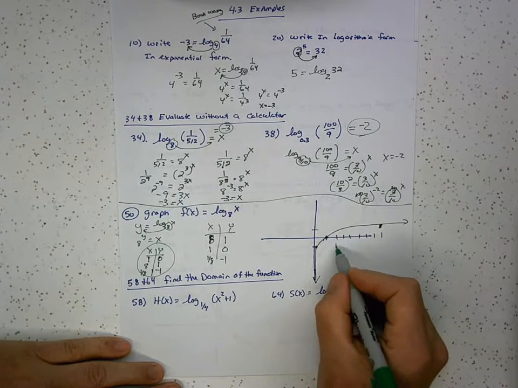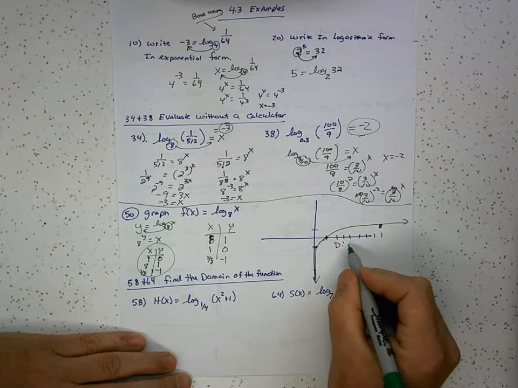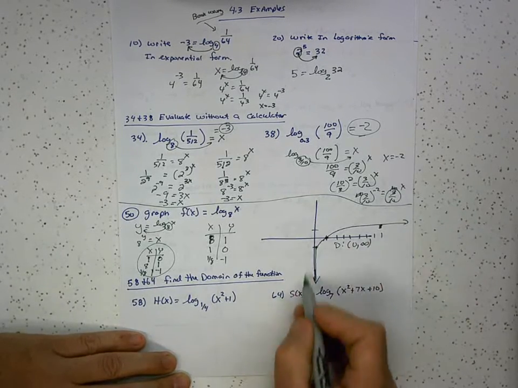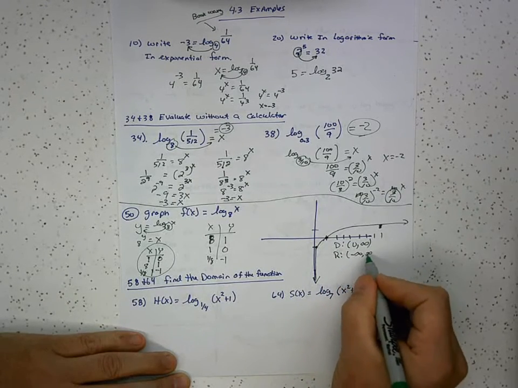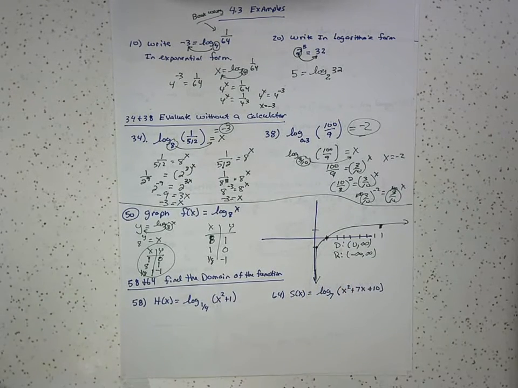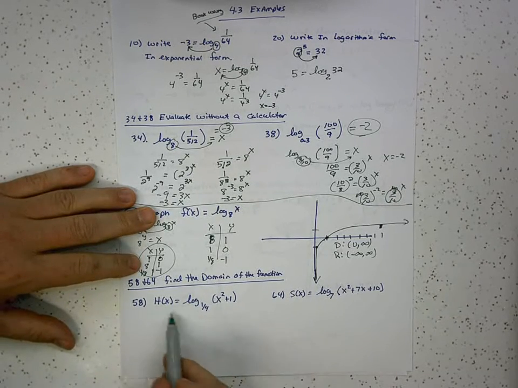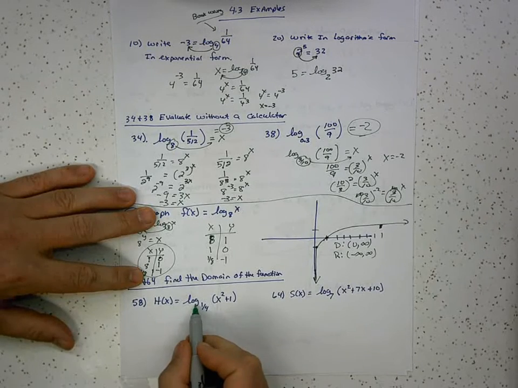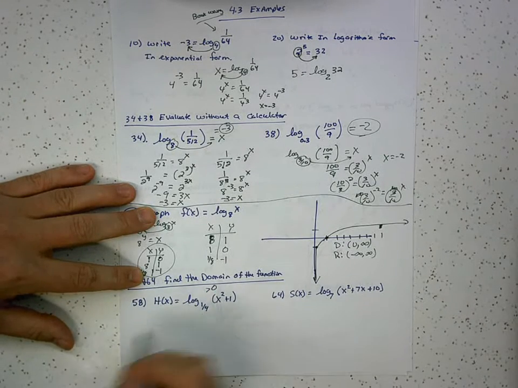Let's take a look at the domain. The domain is going to go from 0 to infinity because I've got my vertical asymptote there, and my range from negative to positive infinity. Okay. Find the domain of the function. Well, if I'm looking at domain, the big thing you have to remember is that when I'm taking the log of something, it has to be greater than 0.